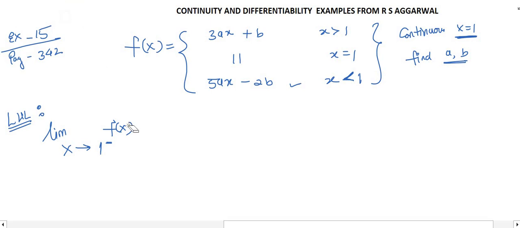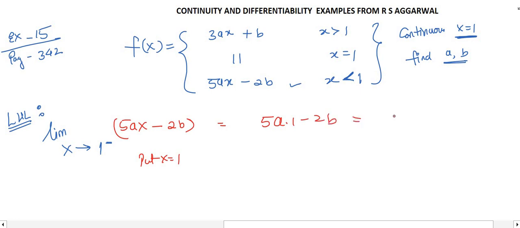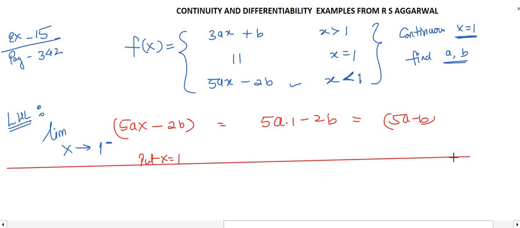So let me take this one only here, which is 5ax minus 2b. Now because it is just a plain algebraic function, there is no need of the h method. I can just put x equal to 1. So I will get 5a minus 2b, which is 5a minus b. This is LHL. Okay, so this is my LHL, over.